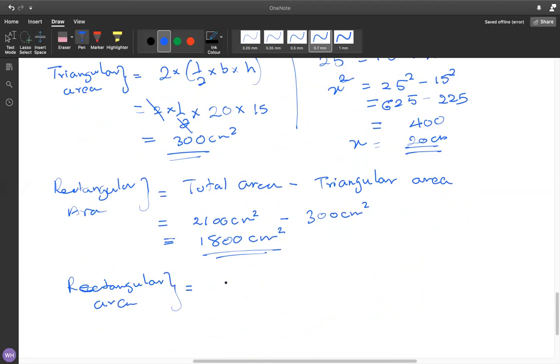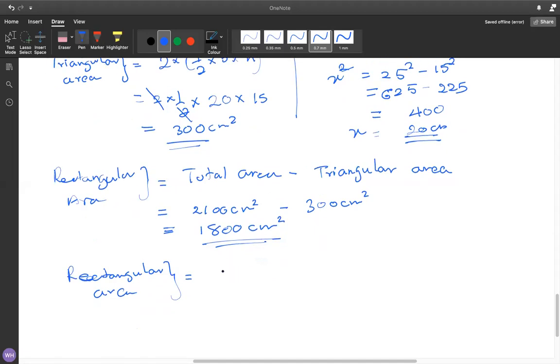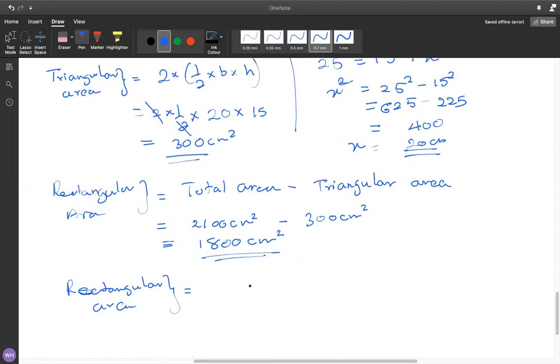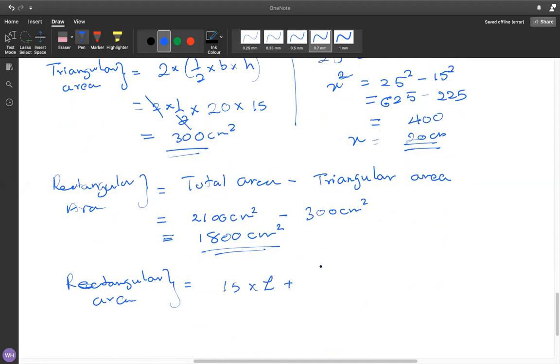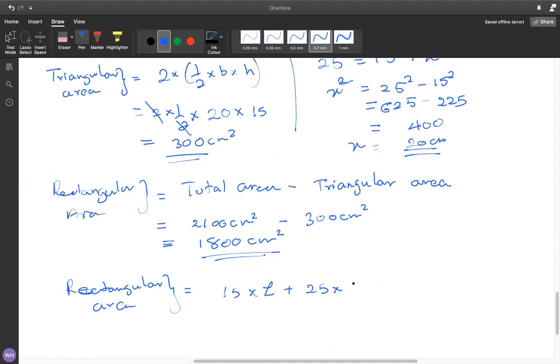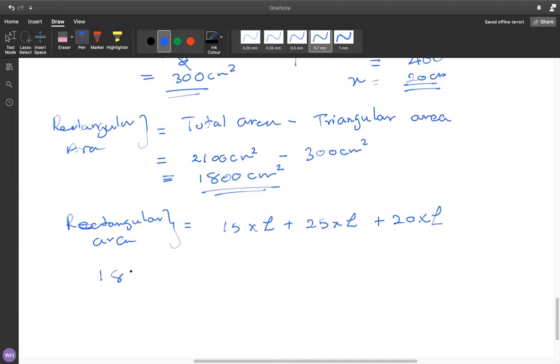Let the length be L. One is 15 times L, another is 25 times L, and the other is 20 times L. We don't know L, but we know the rectangular area is 1800, and this is equal.